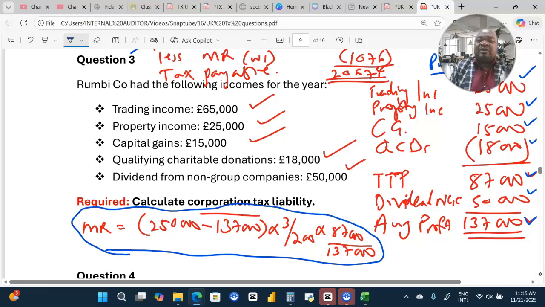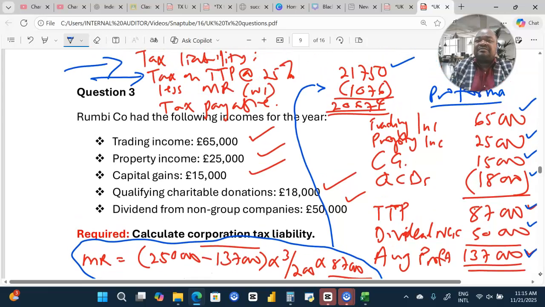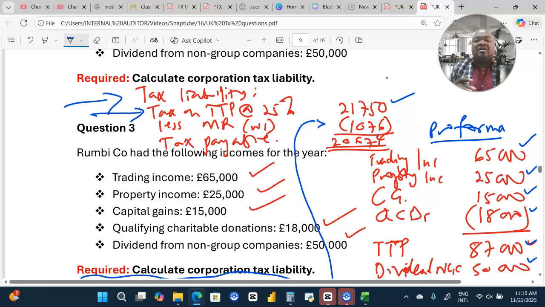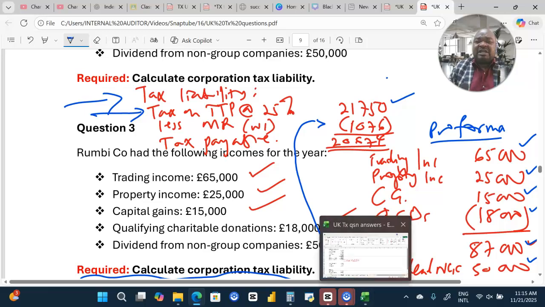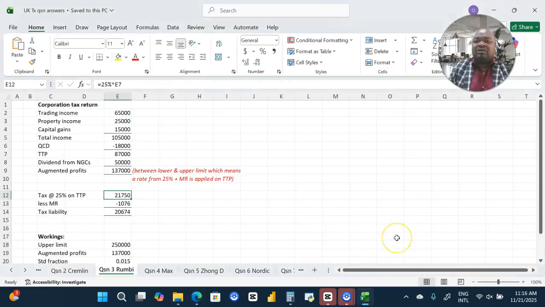We obtained this amount. Do not worry, it might be slightly off because of the calculator we used, but we can check from our Excel.